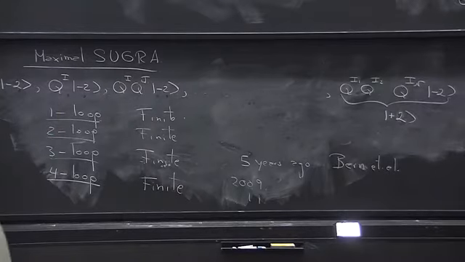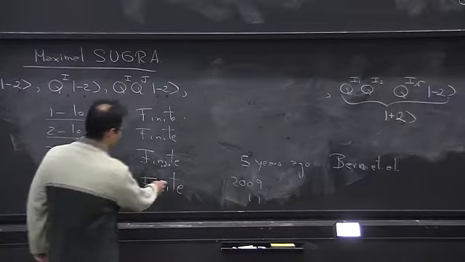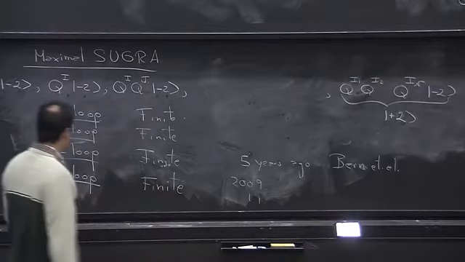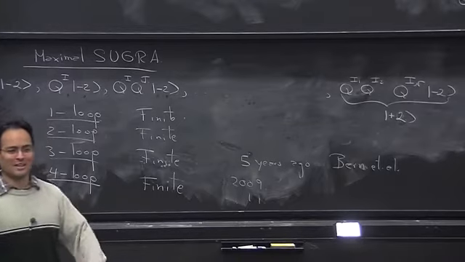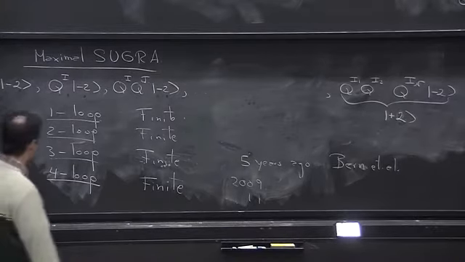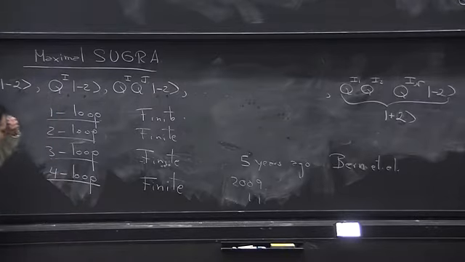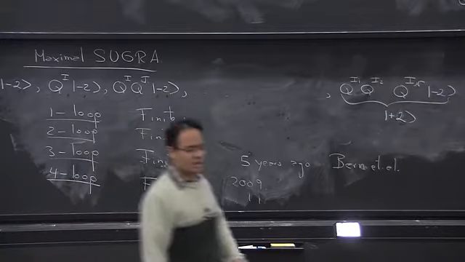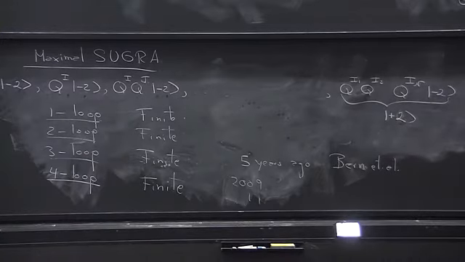Oh boy, four loops, finite. They haven't finished the 5-loop computation yet. They are working on that. It's probably this year. This year they will tell us what happens at 5 loops. But now everybody's expecting that at 5 loops it's going to be finite.